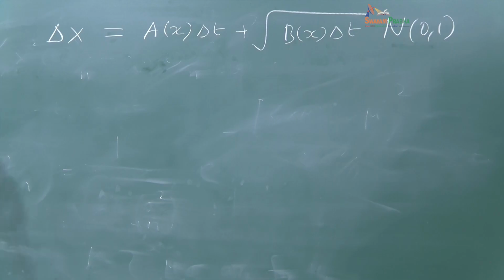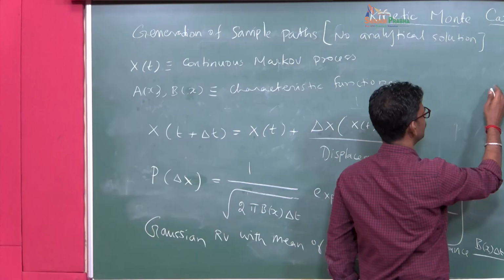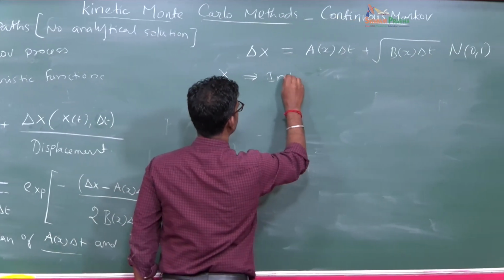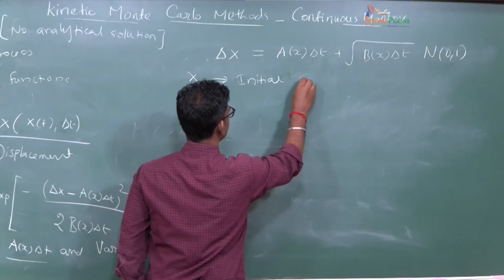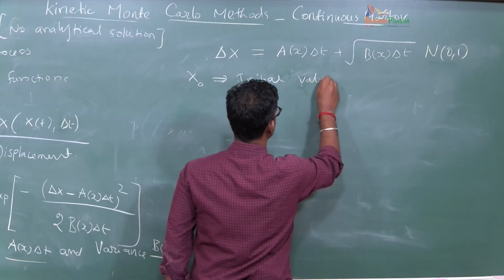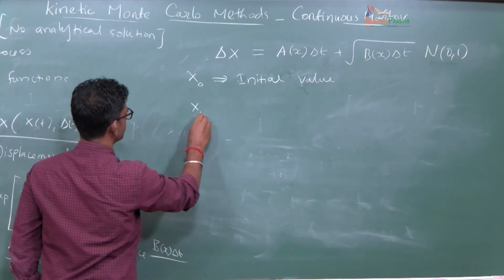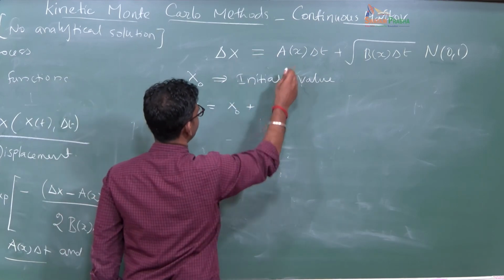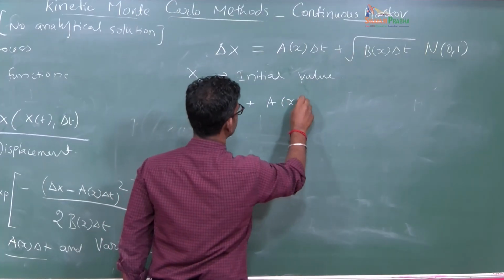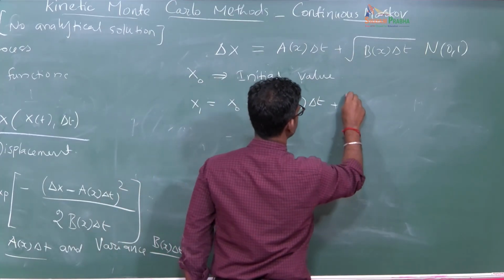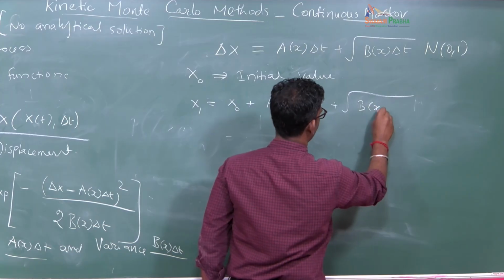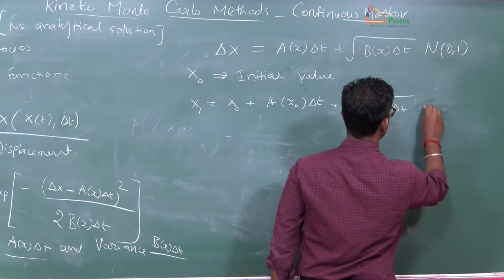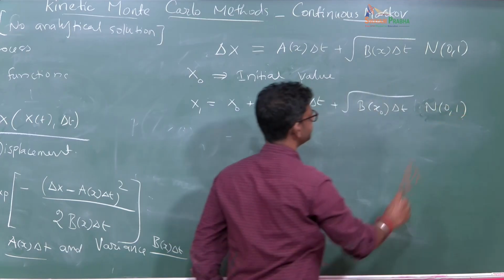So once you have this displacement, it's very easy to follow. Let's say x naught is the initial position or initial value of x, and then you would write x1, that is at time delta t, would be x naught plus delta x, which is nothing but a of x naught delta t plus square root of b of x naught delta t times n of 0 comma 1.